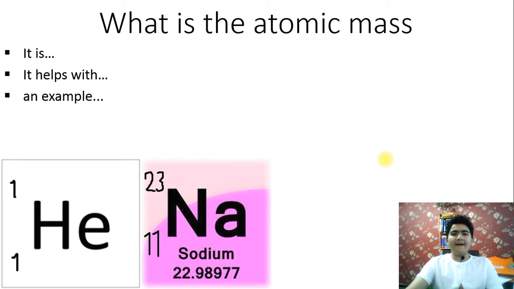And keep in mind that the mass number is not very precise. That's because the neutrons and protons are not exactly 1 Dalton or 1 AMU, atomic mass unit. For example, take a look at this sodium over here.